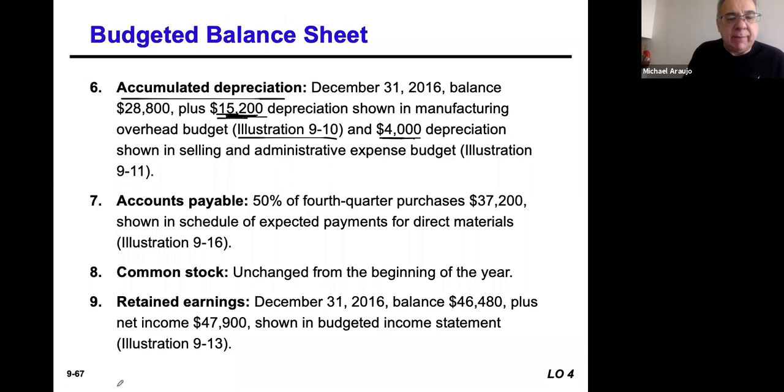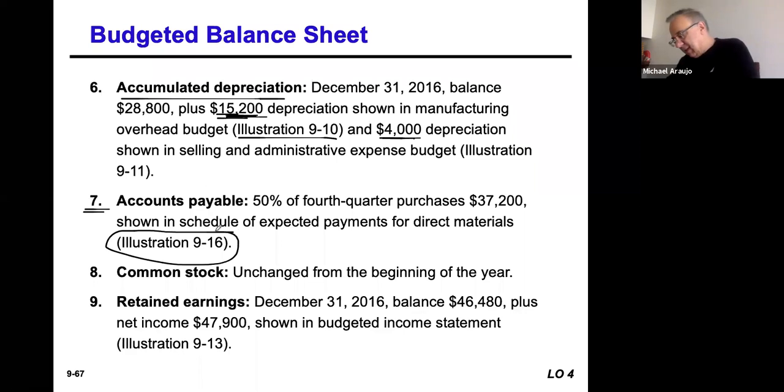I forgot something there. Okay, so accounts payable here. Basically, we know from illustration 916, which is on page 378, that shows our expected payments for materials.